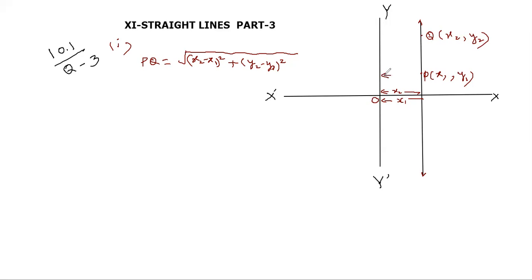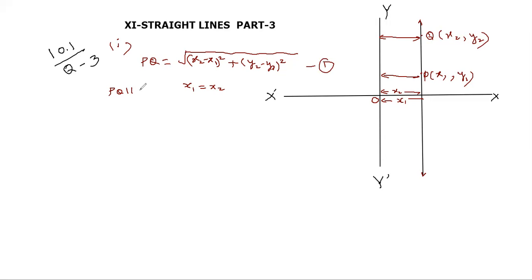So whether you take this distance or this distance, they are the same. That means the x coordinates are the same. Therefore, x1 is equal to x2.